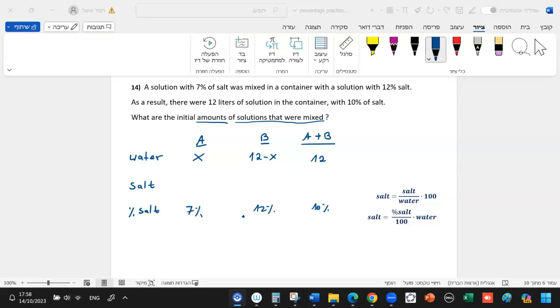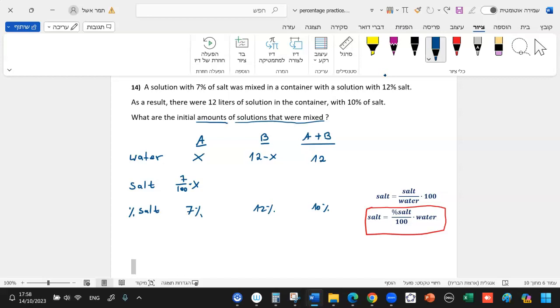Let's look now on the amount of salt. We have this formula here. We know how to calculate the amount of salt given the percentage and the amount of water. So on solution A, we have 7%. We can write 7 over 100 times X is salt.